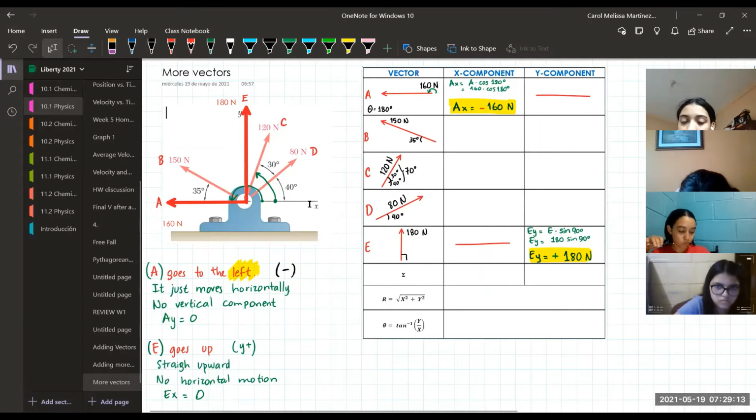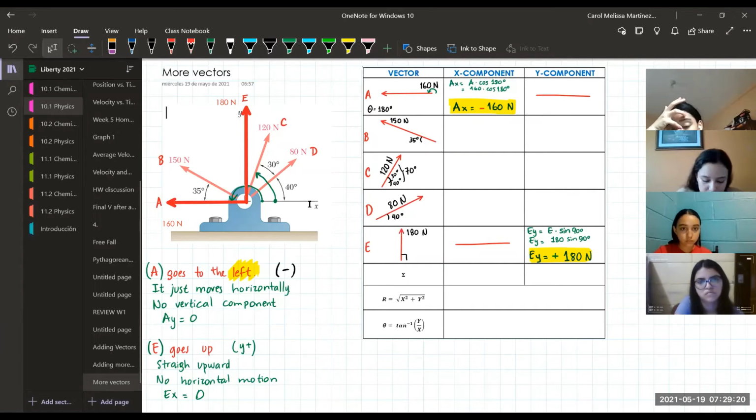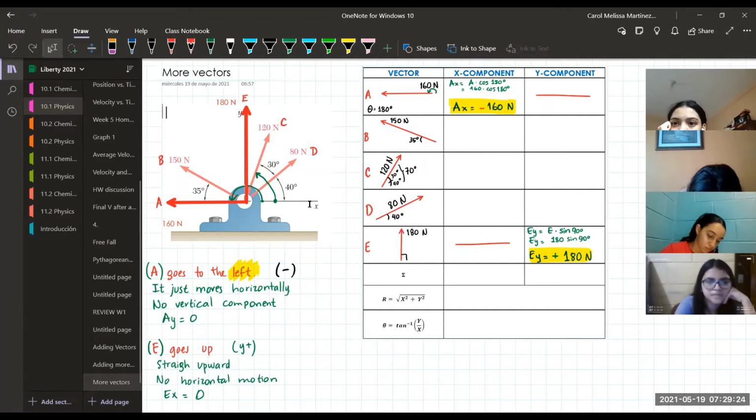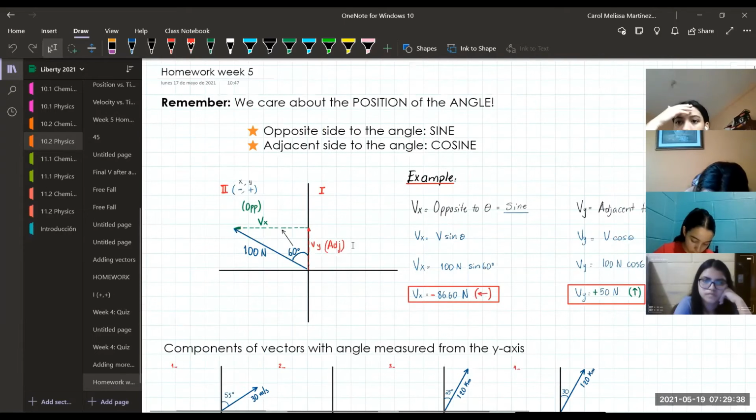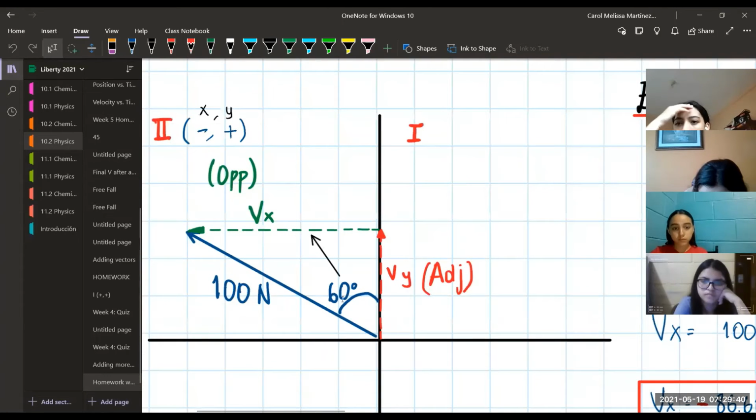Okay, so my recommendation is always measure the angle according to the x-axis. But if the angle that is given to you is from the vertical axis, you know that you have to switch the trigonometric functions, just like in the homework. In this homework, I'm giving you the angle that is according to the vertical.